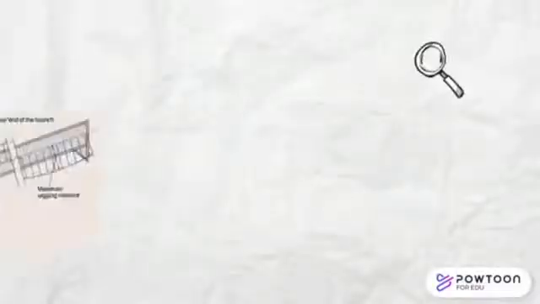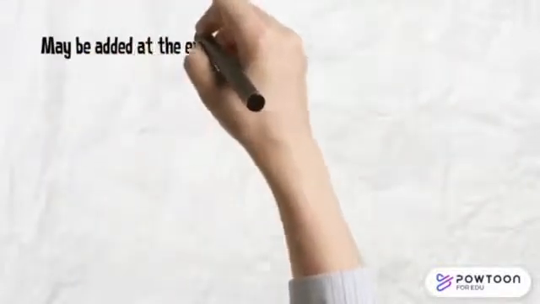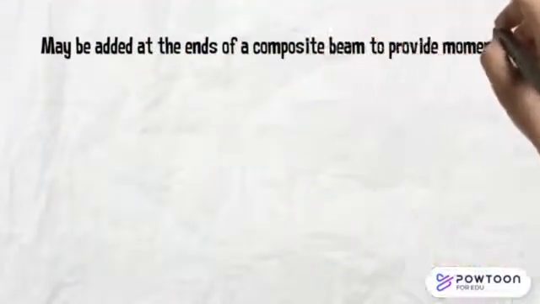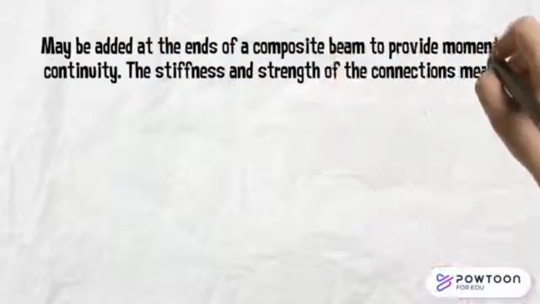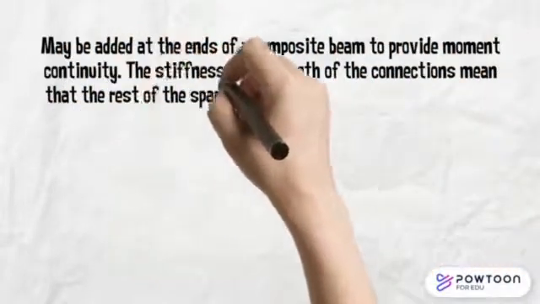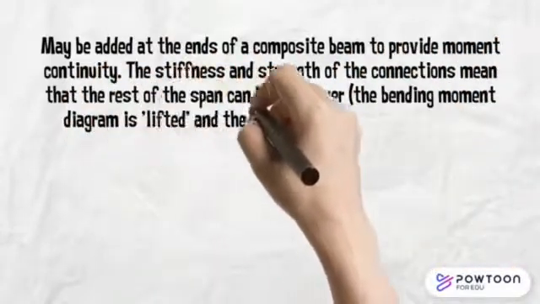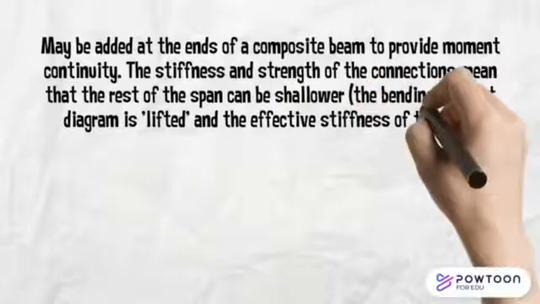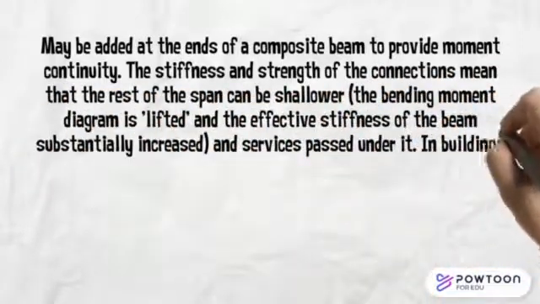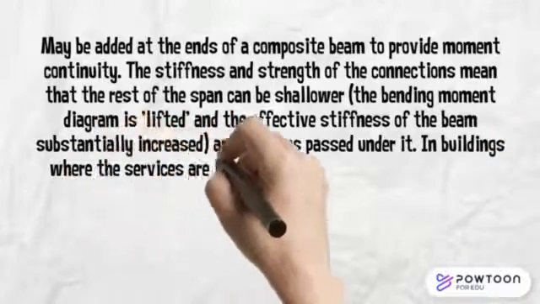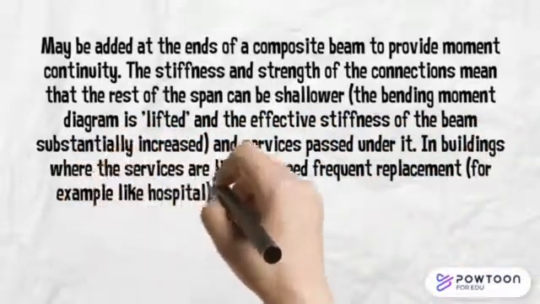Haunched composite beams. Haunches may be added at the end of a composite beam to provide moment continuity. The stiffness and strength of the connection means that the rest of the span can be shallower, the bending moment diagram is lifted and the effective stiffness of the beam substantially increases, and services pass under it.